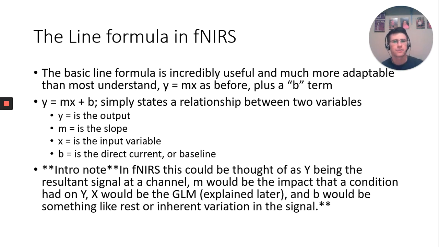So now we have y equals mx plus b. Y is the output that you're trying to solve for or predict. M is the slope, so we'll get to that in a bit. X is what you're actually putting into the variable, and then b is what's called a direct current if you're into electronics, a baseline if you're into any kind of measurements, any kind of time measurements.